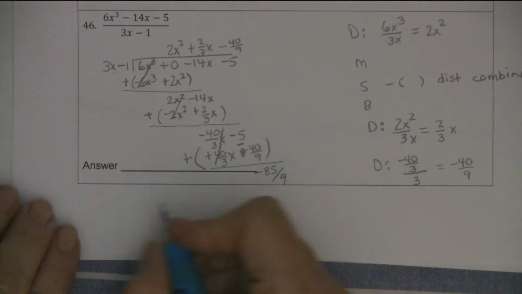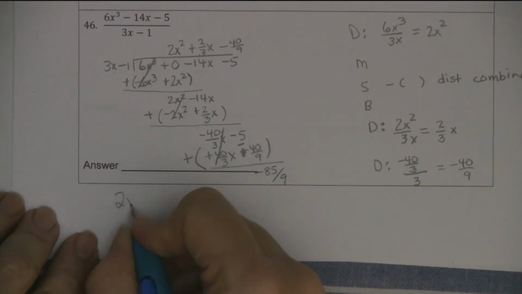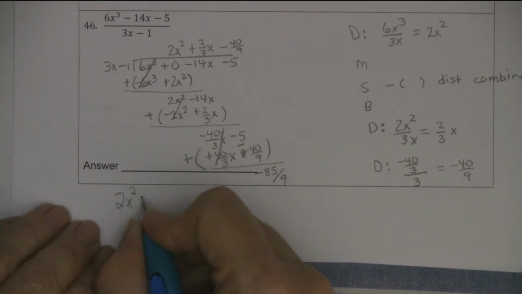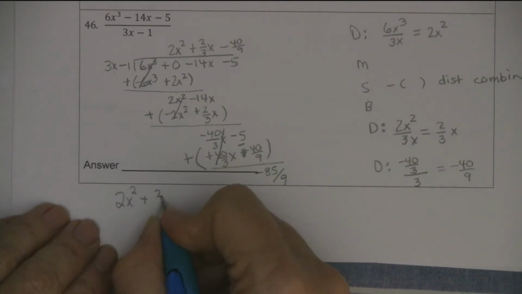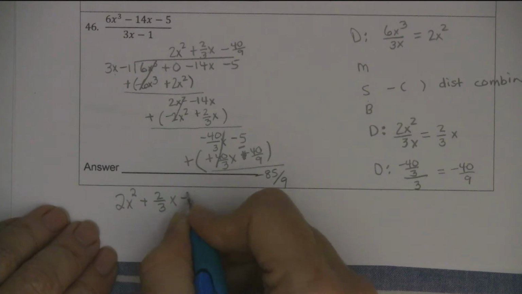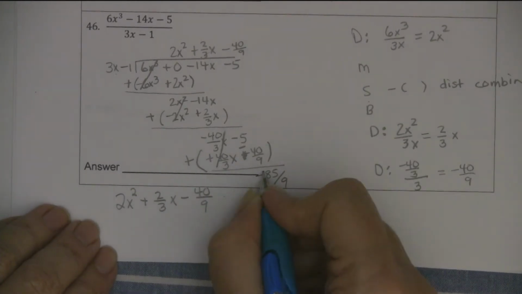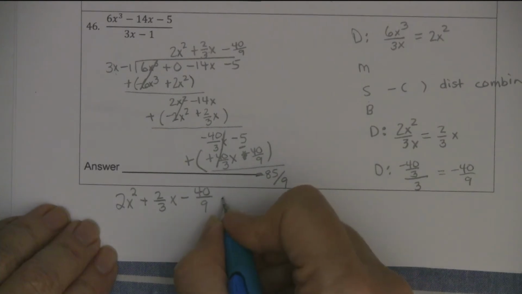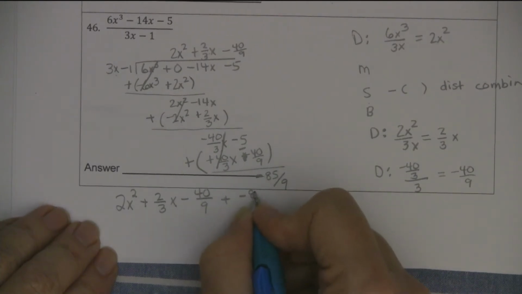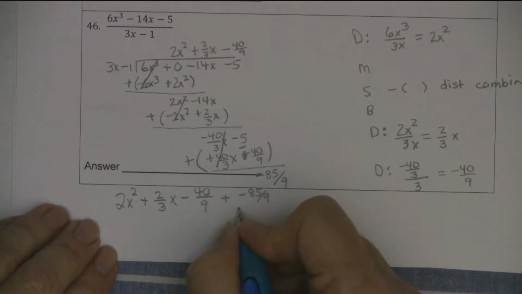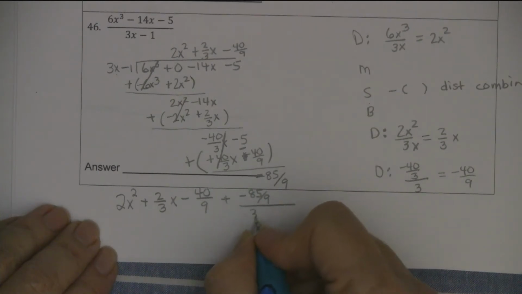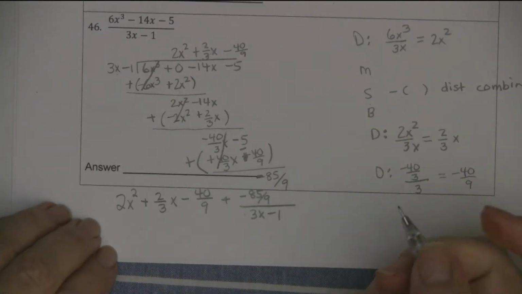Oh my goodness. Okay, so this crazy answer: 2x to the second plus 2/3 x minus 40 over 9, and this is a negative, so plus, and then -85 over 9, that's my remainder, over 3x minus 1.